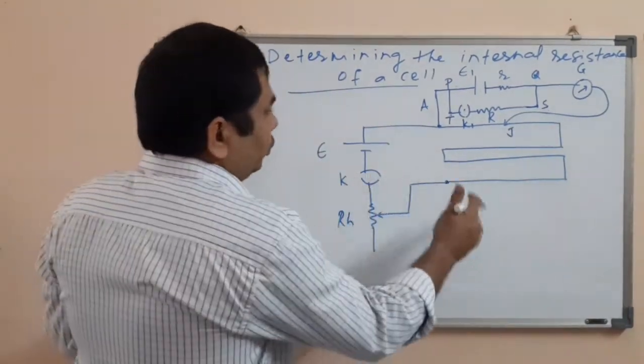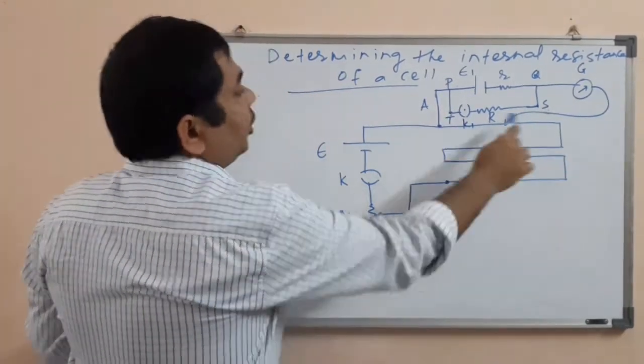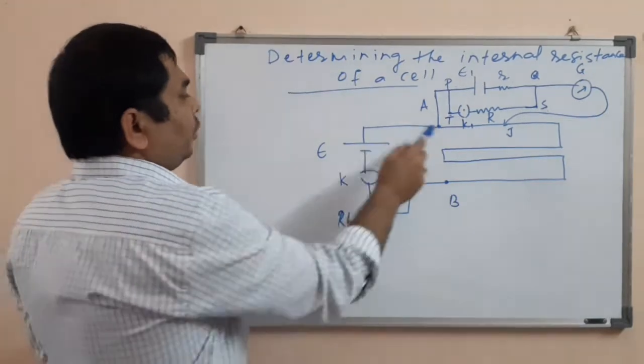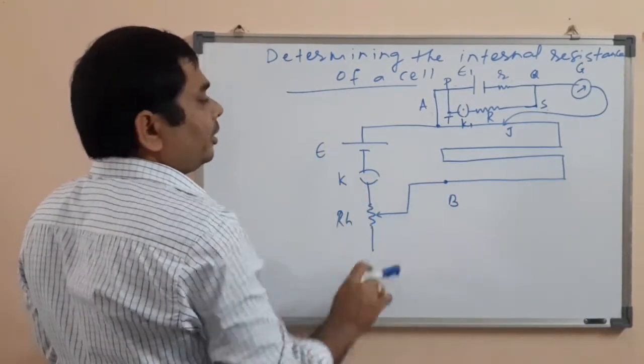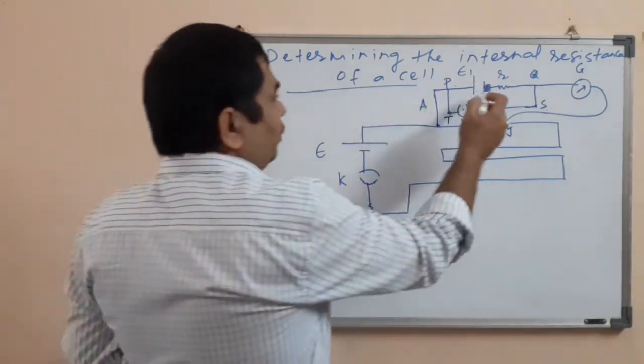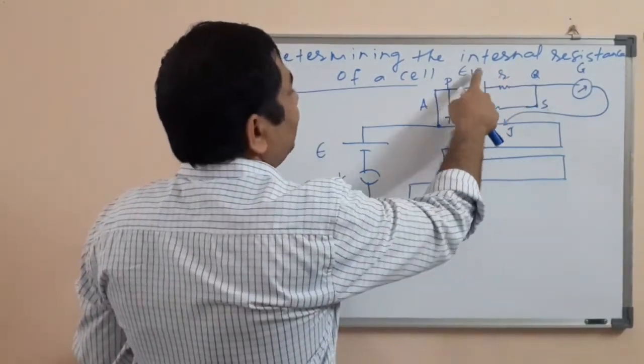For doing that, this is the wire AB of the potentiometer. Now we have connected this battery E through key K and rheostat. Now we want to measure the internal resistance small r of this battery E1.